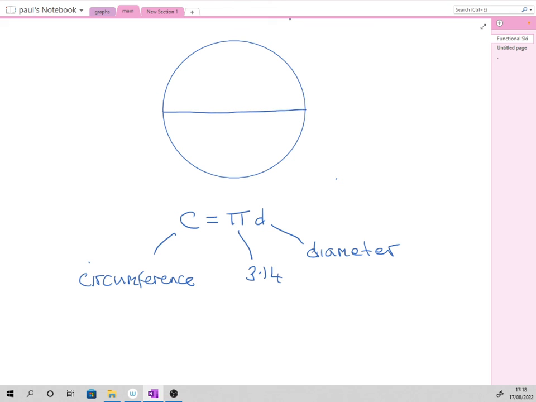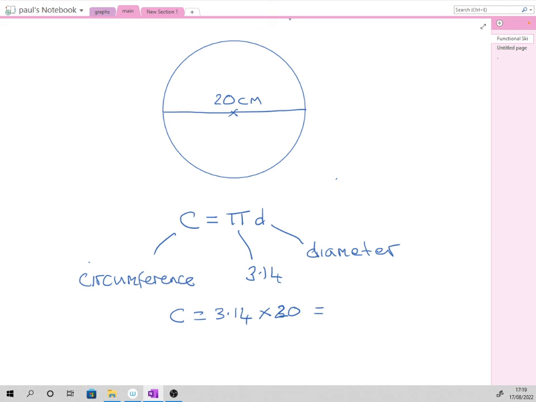I drew a straight line through the middle, yeah? And so we'll call the diameter 20 centimeters. So we want to work out what the circumference is. C equals pi d, which is C equals 3.14 for the moment, times d, which is 20.